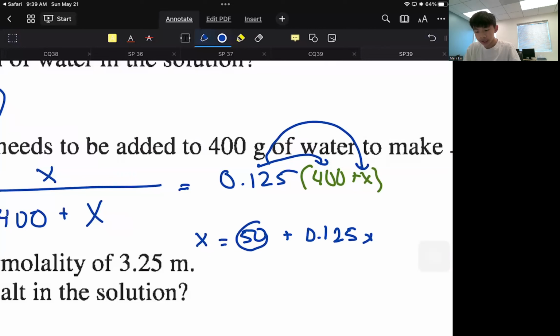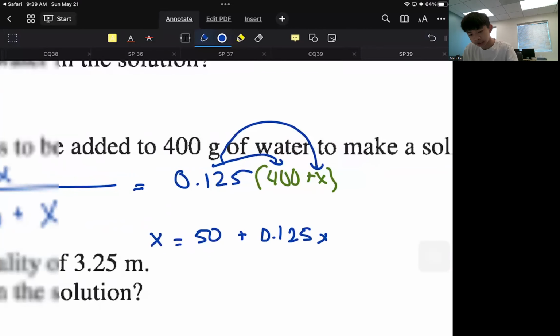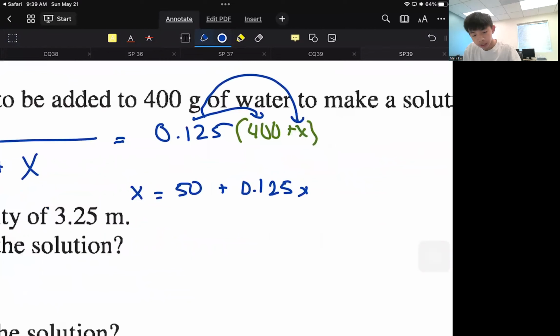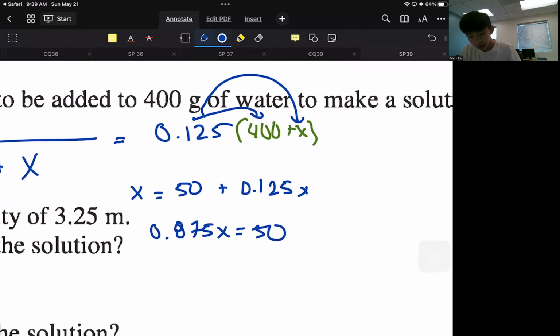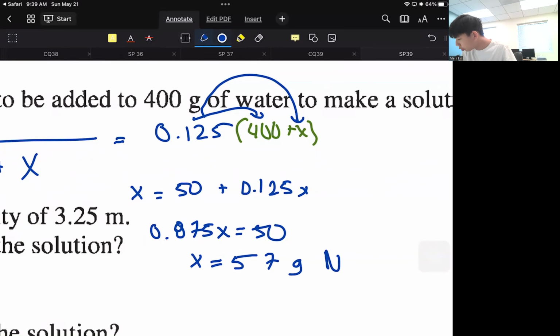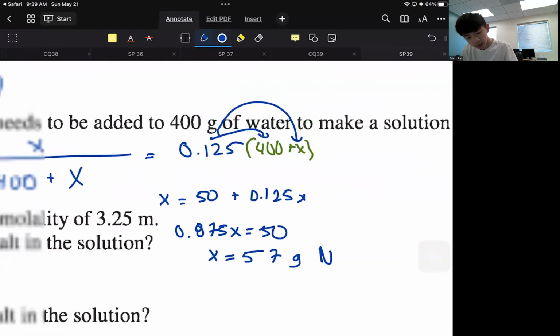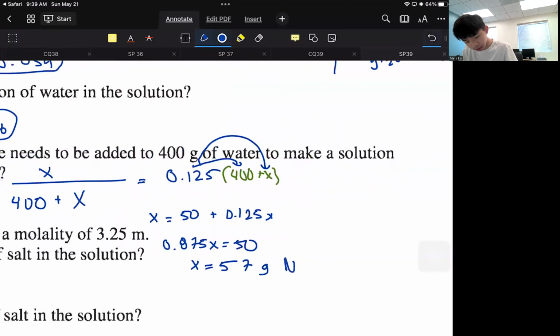You isolate the X's by subtracting 0.125X from both sides. You get 0.875X equals 50. Divide both sides by 0.875 and X is going to be 57 grams of calcium nitrate.